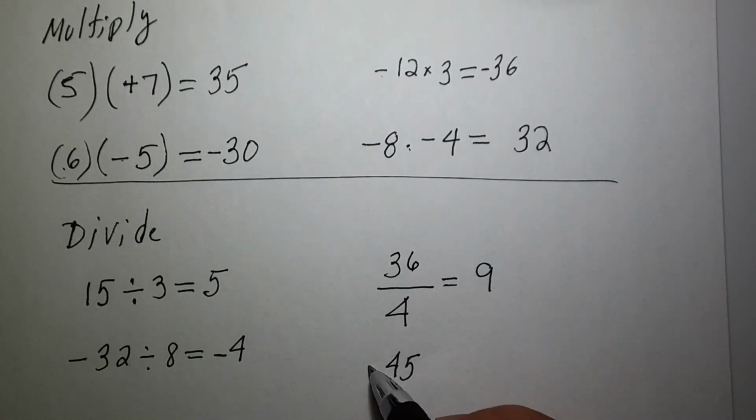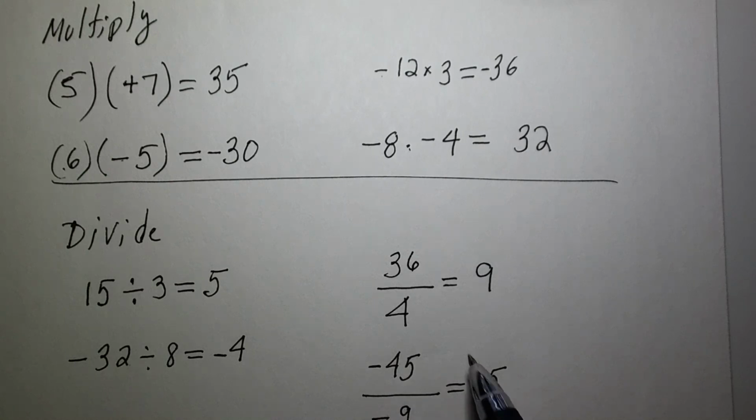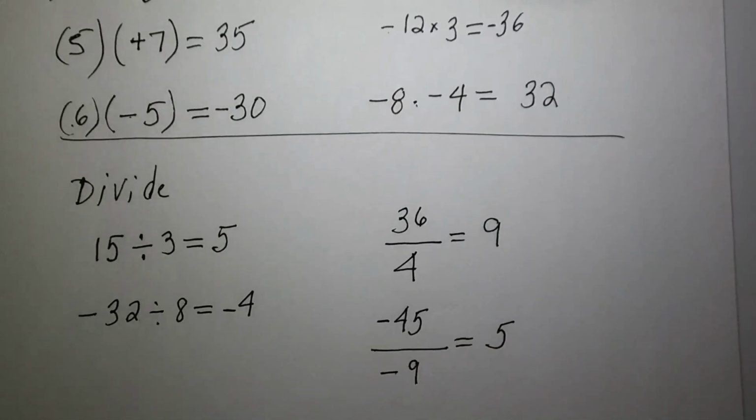Negative 45 divided by a negative 9, the result is 5, but negative divided by a negative is positive 5. So same sign when we divide is always positive, different sign when we divide is always negative.